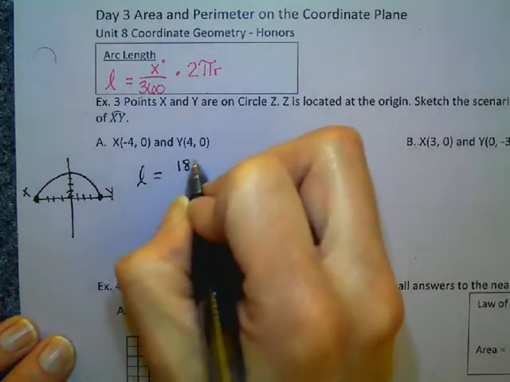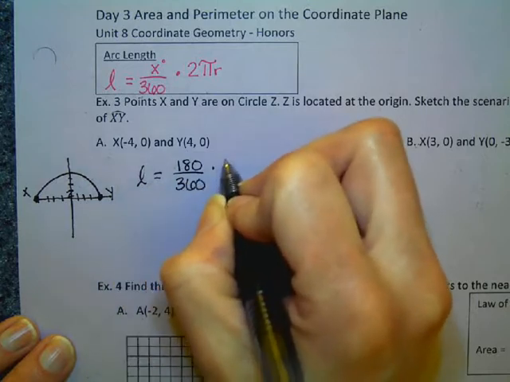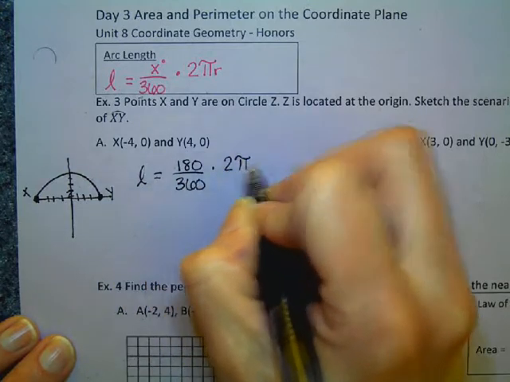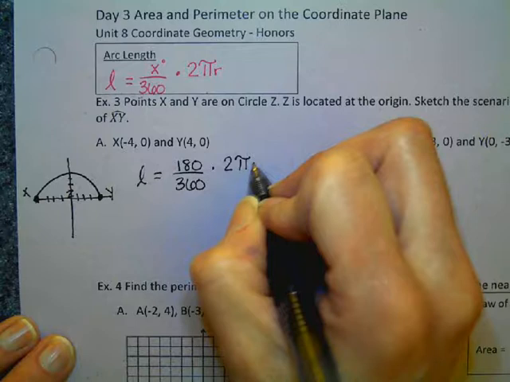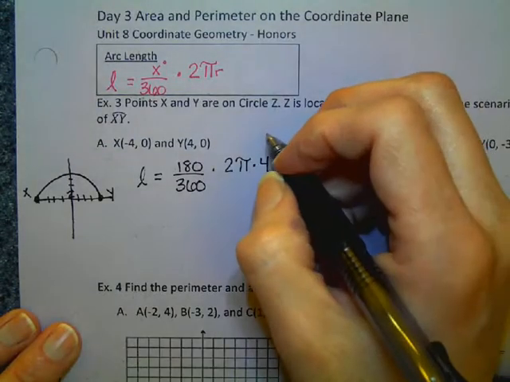So this represents half of a circle, so I would say arc length equals 180 degrees over 360 times 2 pi r, which has a radius of 4. It says, sketch the scenario, find the length of the arc.